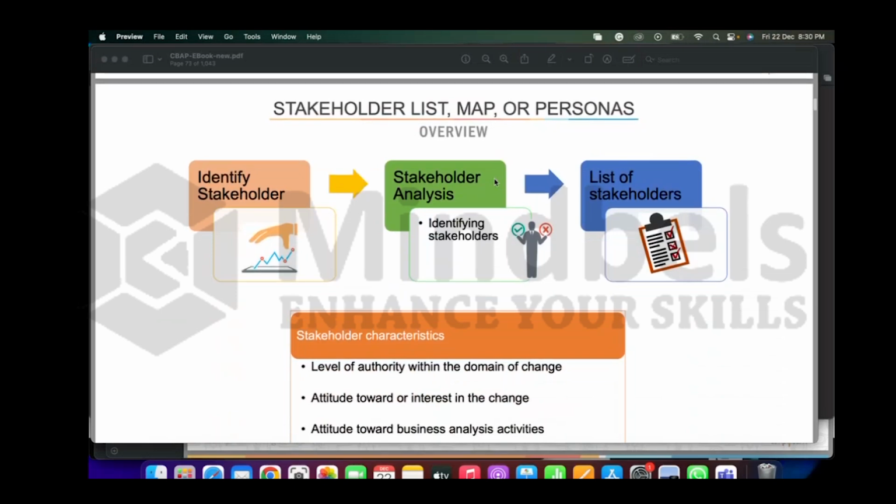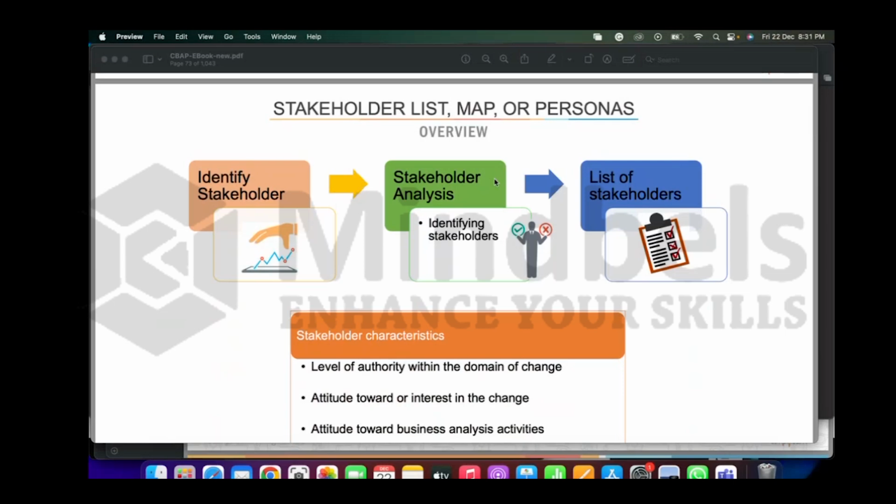Now moving ahead, here is your stakeholder list, mapping and personas. This is another important thing: to put all your stakeholders in one place. Basically, you add a list or prepare a chart saying these many are my stakeholders, these many people will be part of this project.